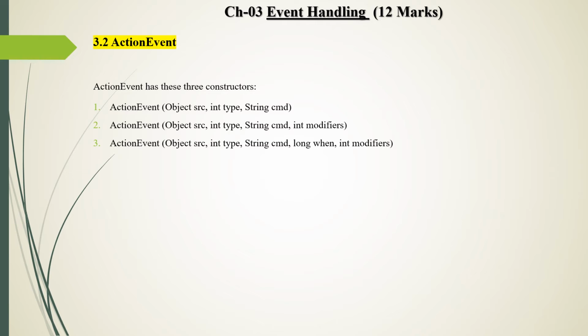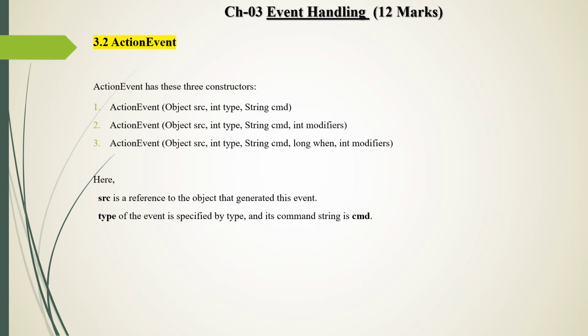Then we see the description about the parameters of every constructor. First parameter is source. Source is a reference to the object that generates this event. So if the button is pressed, that time the object of button is passed here, because button is the source of event, or the object that generates the event is passed here.